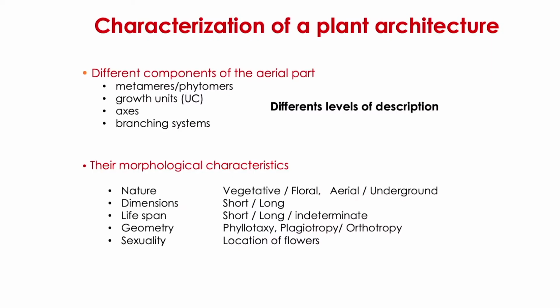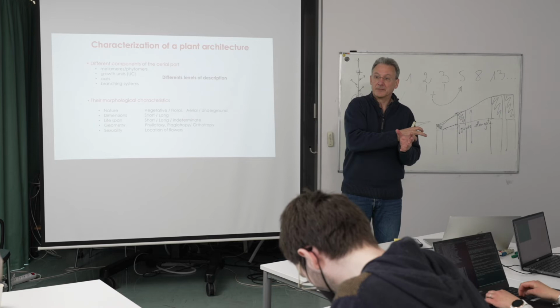Actually, the possibilities are numerous, and it can go with first studying different organs at different scales. So the different organs are typically the internodes and the leaves, the growth unit, the axis, the branching system. So these are all structures that are nested within each other.